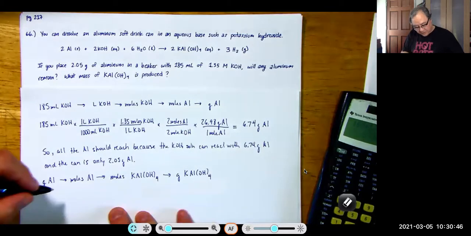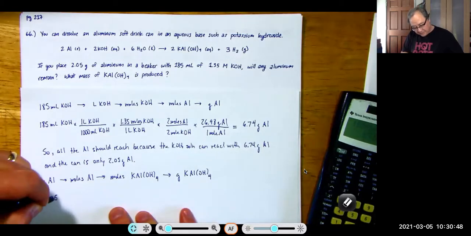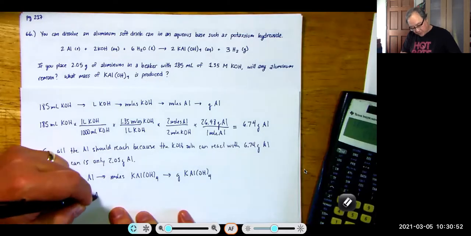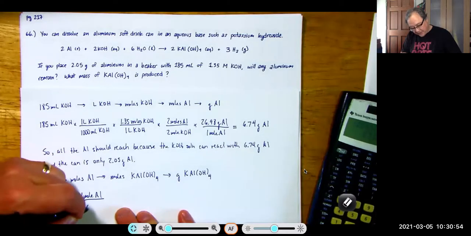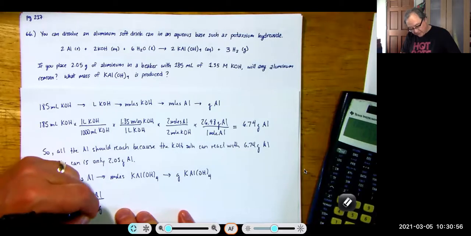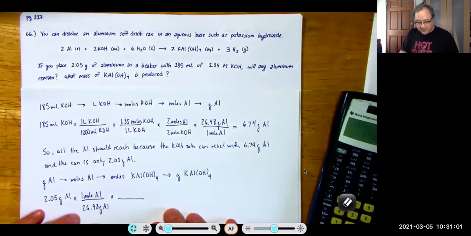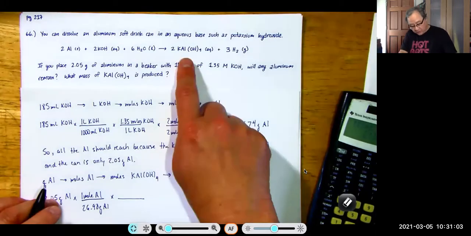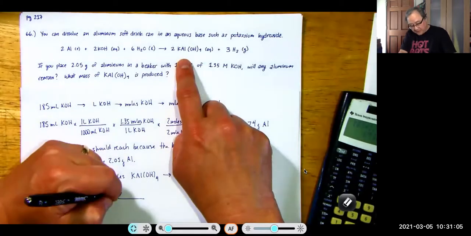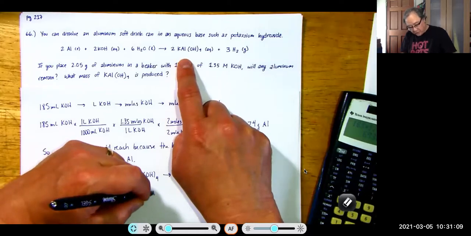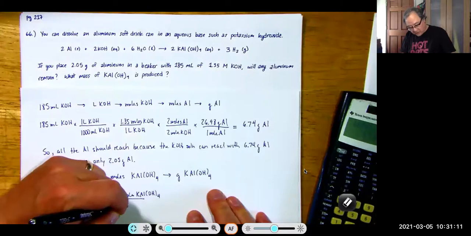So we have 2.05 grams of aluminum times 1 mole of aluminum per 26.98 grams of aluminum. And then the mole ratio is our 2 moles of potassium aluminum hydroxide to 2 moles of aluminum.